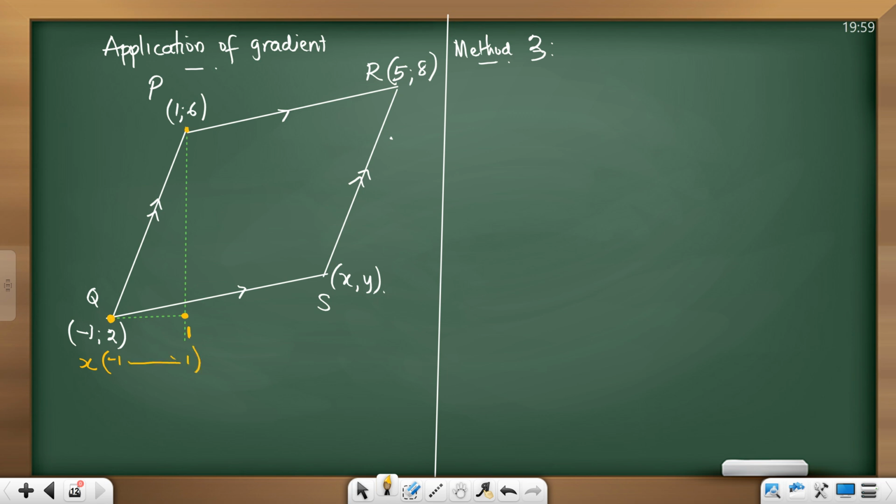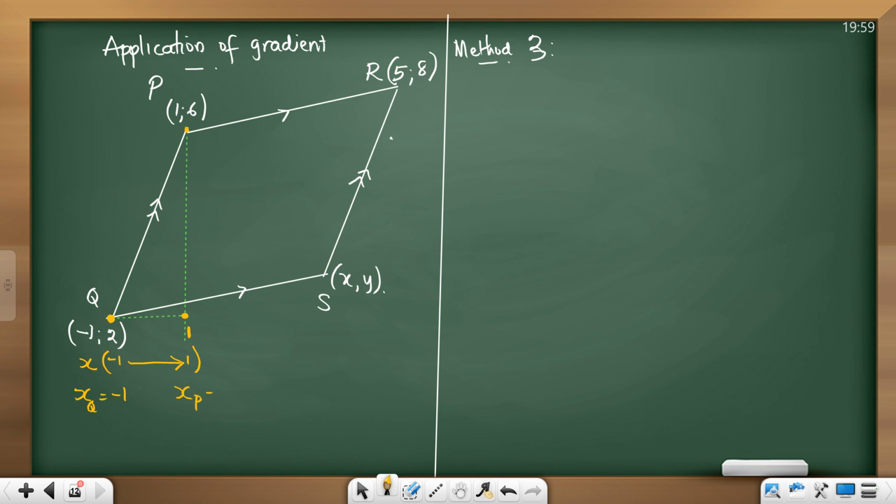How many units did I move? From -1 to 1. How many units did I move? This is very important. I need us to get this. I'm using P and Q, right? The x value of Q is -1.